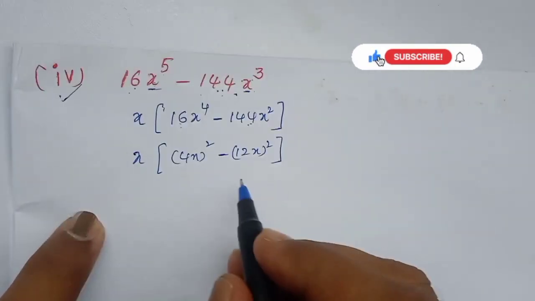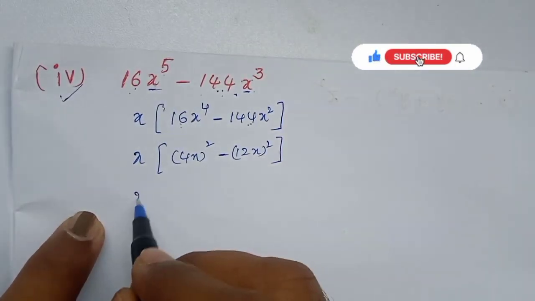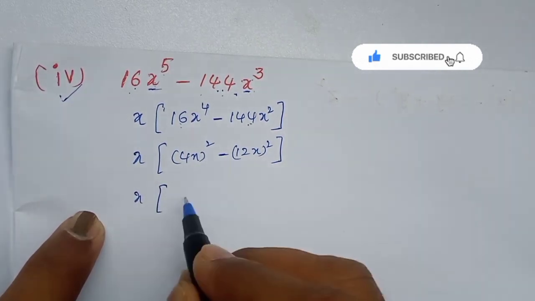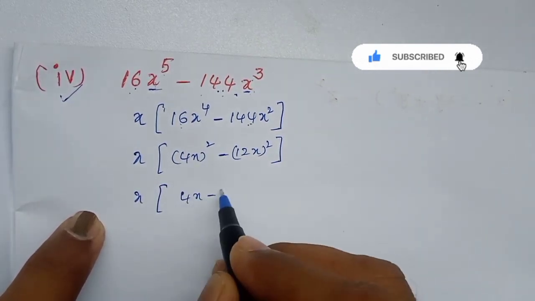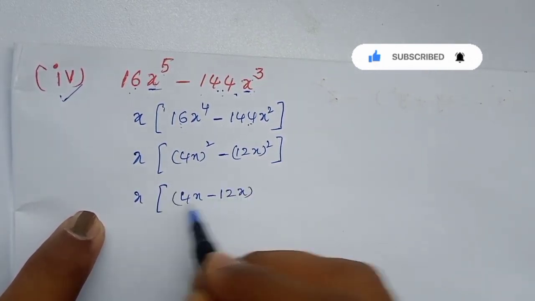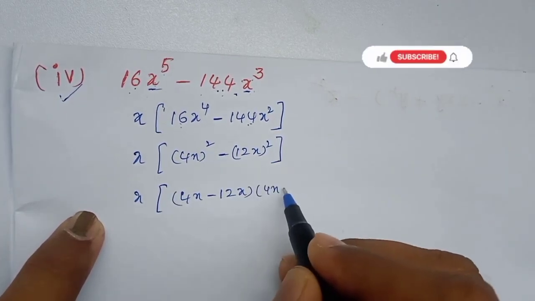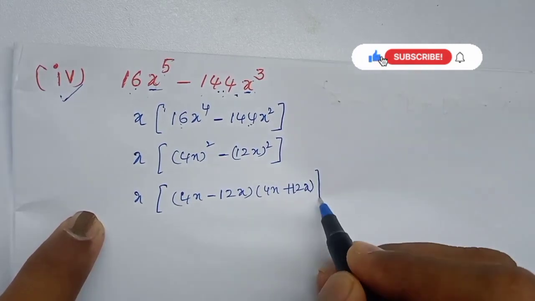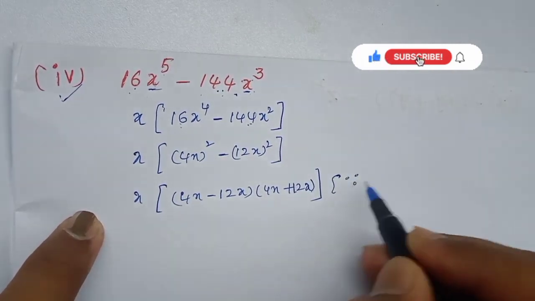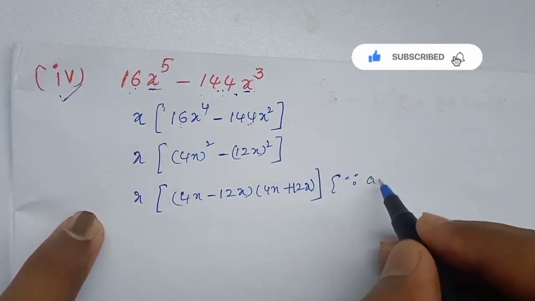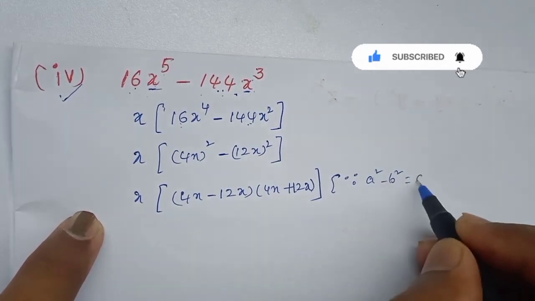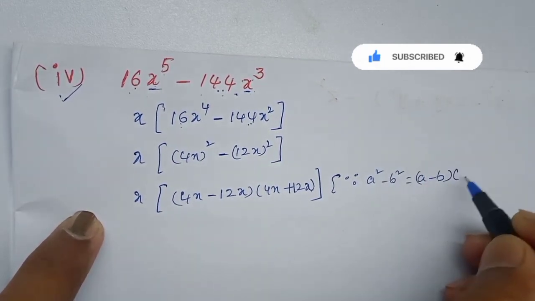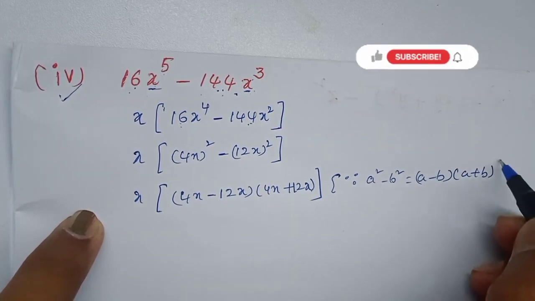Because of the identity a square minus b square, this can be written as x into 4x minus 12x into 4x plus 12x. Because of the identity a square minus b square is equal to a minus b into a plus b.